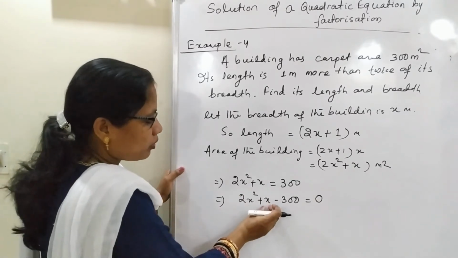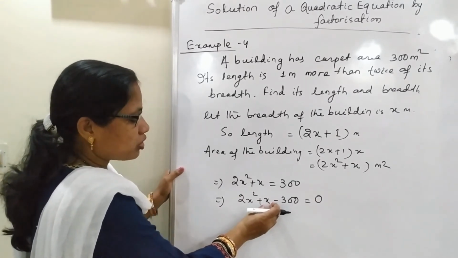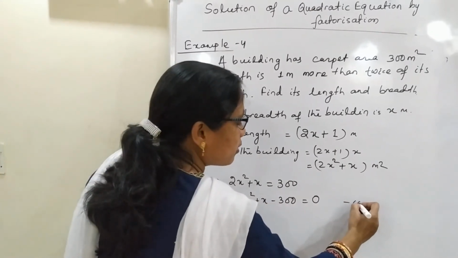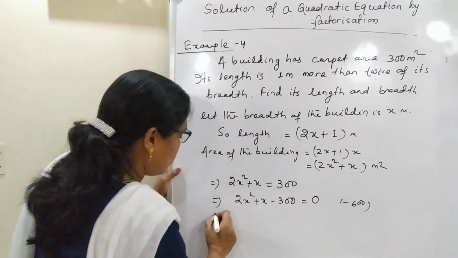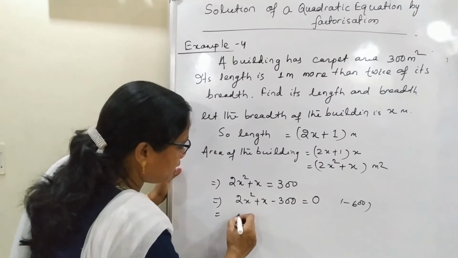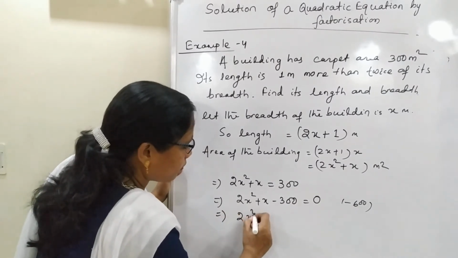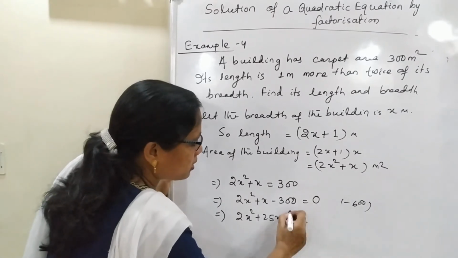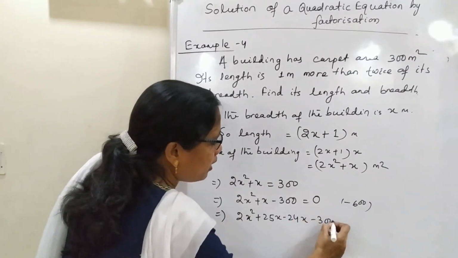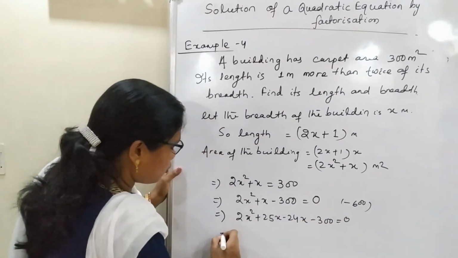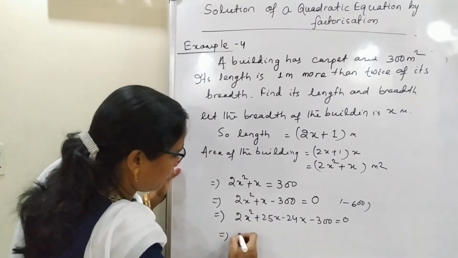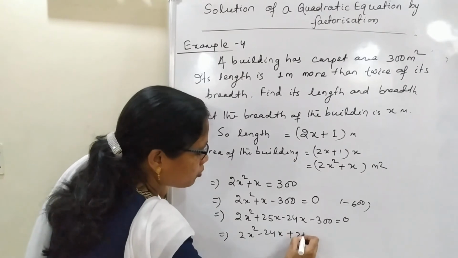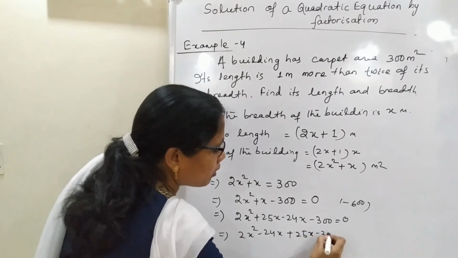So we have to split x in such a way that their product will be minus 600. So we will split like this: 2x square plus 25x minus 24x minus 300 is equal to 0. For easy factorization, we can write it as 2x square minus 24x plus 25x minus 300.